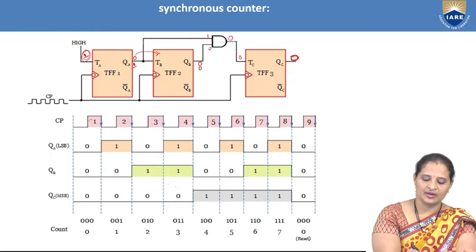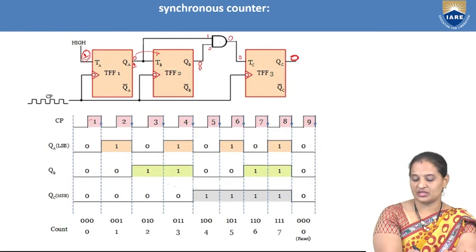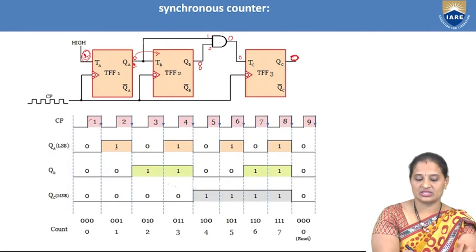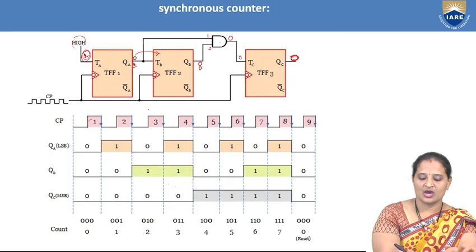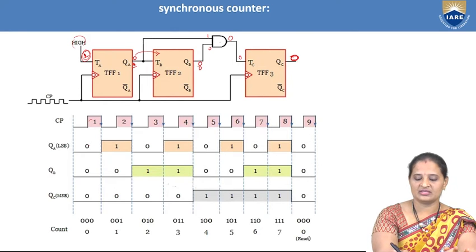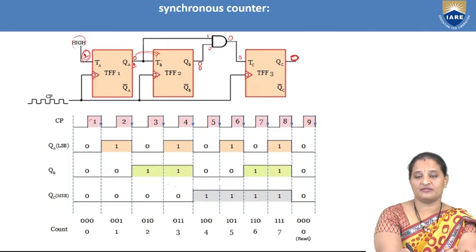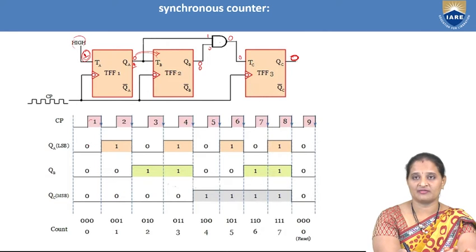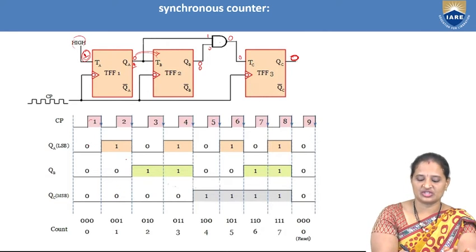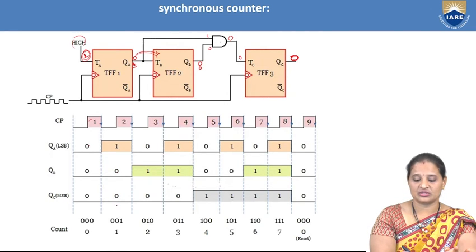So during the first negative edge of the clock, QA is changed to 1 because it is connected to logic high. Whereas QB is 0, because the 0 output of the first flip-flop was given as input to the second flip-flop, and hence it never changes its state and remains 0. The third flip-flop is also 0.